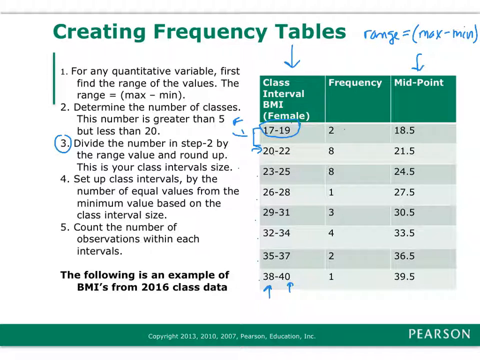And that happens to be the case in this particular example. We added 20 to 17 divided by 2. It got me 18.5. We added 20 to 23 and divided by 2, and we got 21, and so forth. In the book's value, 18 would have been the midpoint here, and 21 would be the midpoint here, 24 would be the midpoint here, and so forth.